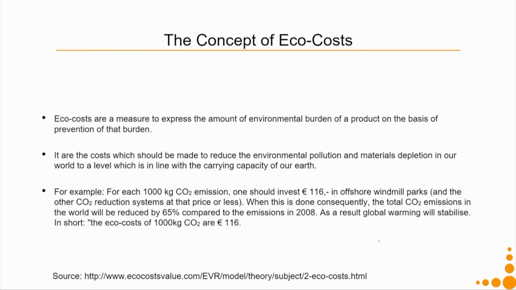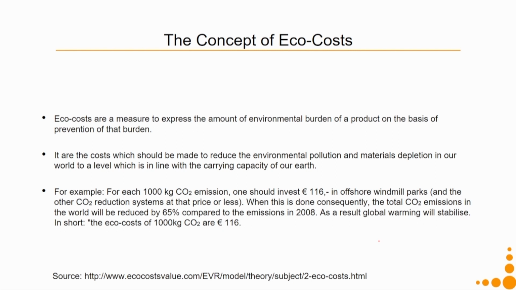That is covered in the concept of eco-cost, and I will come to why it is necessary to convert it into money. Eco-costs are a measure to express the amount of environmental burden of a product on the basis of prevention of that burden. It is a cost which should be made to reduce the environmental pollution and material depletion in our world to a level which is in line with the carrying capacity of our earth.